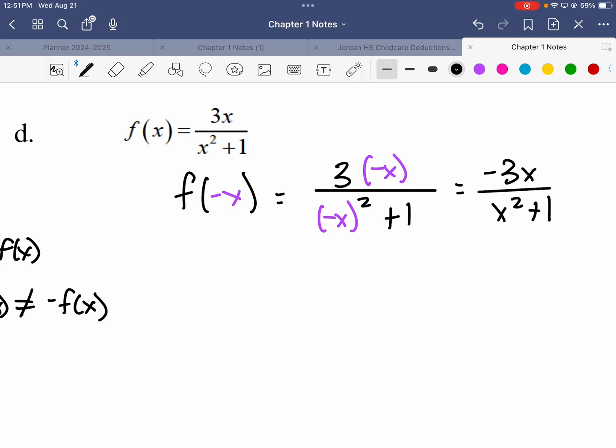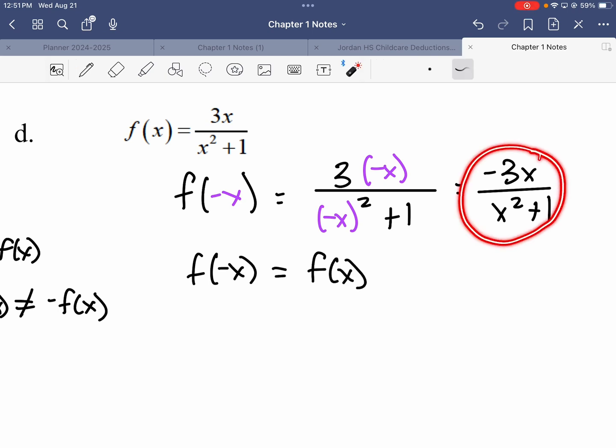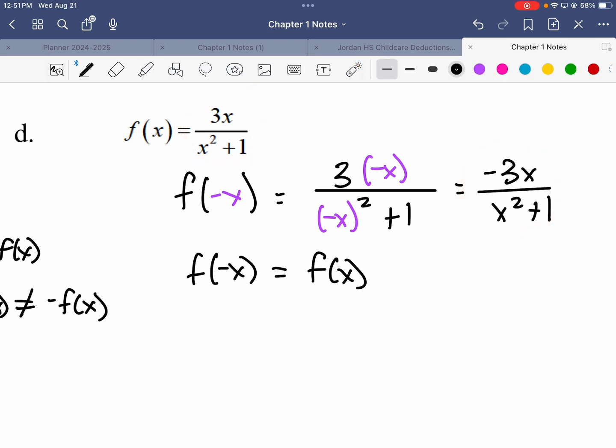Okay, so again, does f of negative x equal f of x? Is this the same as this? No. So it's not even. We okay with that one? Yes. Okay, and then we need the negative f of x.